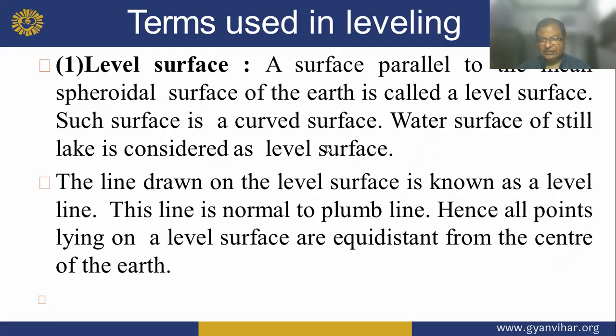The water surface of still water is considered a level surface. The line drawn on the level surface is known as a level line, and this line is normal to the plumb line, and hence all points lying on the level surface are equidistant from the center of the earth.